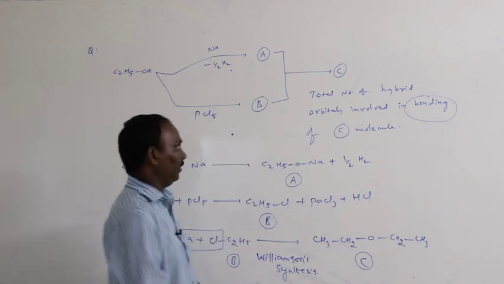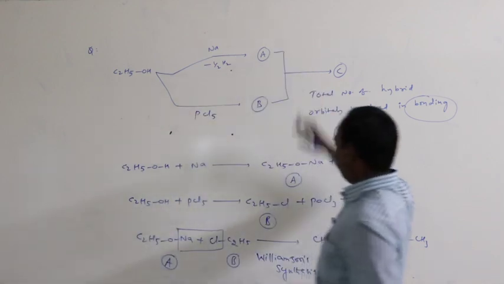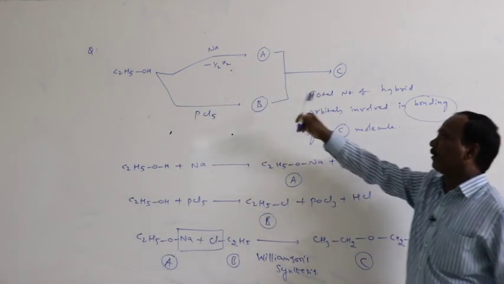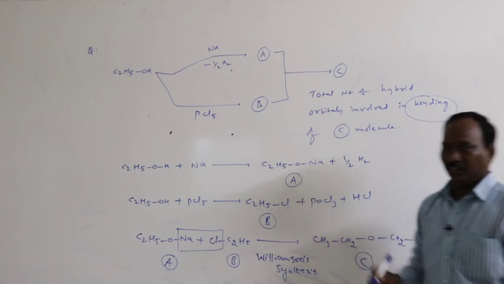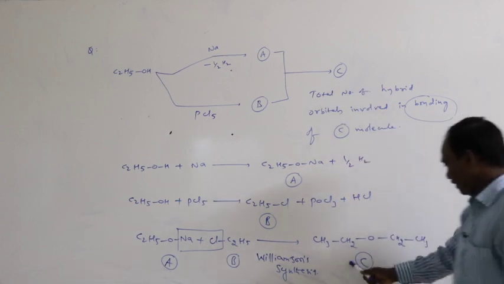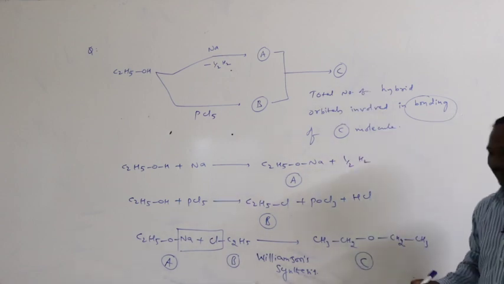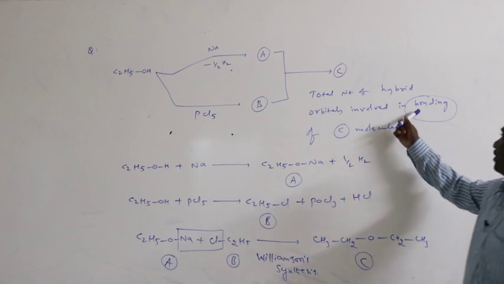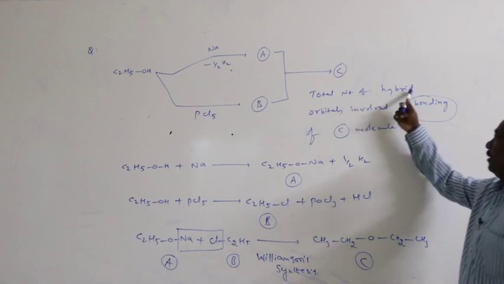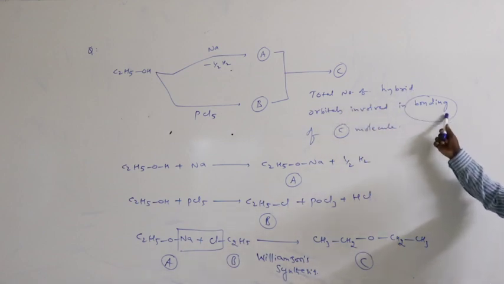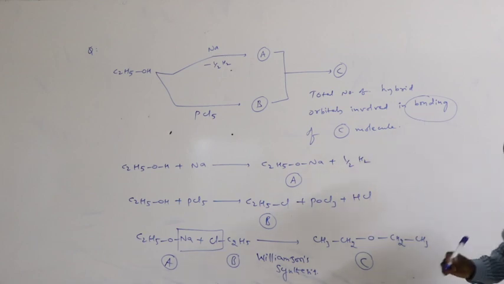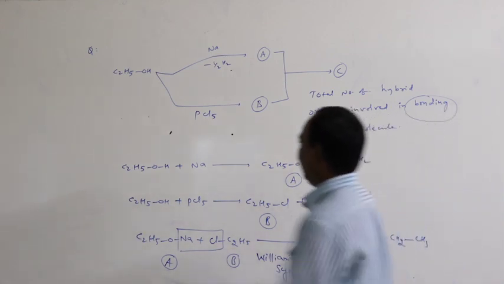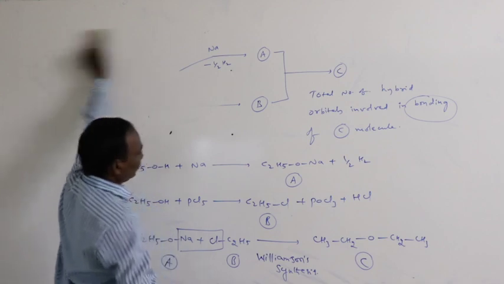This is C molecule. A is sodium ethoxide, B is ethyl chloride and C is diethyl ether. So now the question is, total number of hybrid orbitals involved in bonding of C molecule. Here C molecule is diethyl ether.